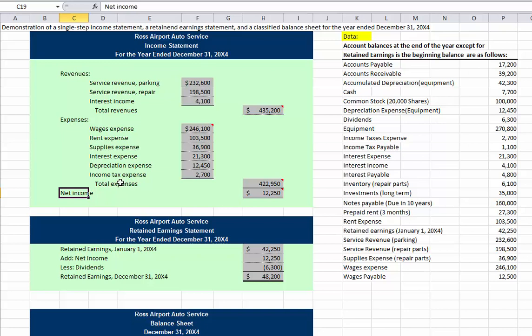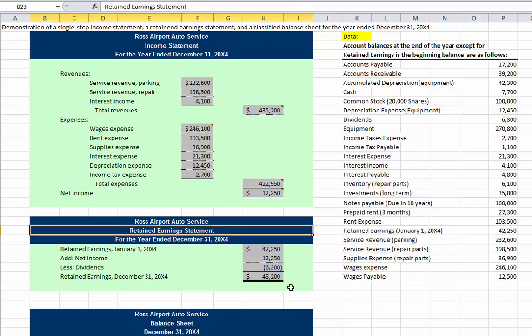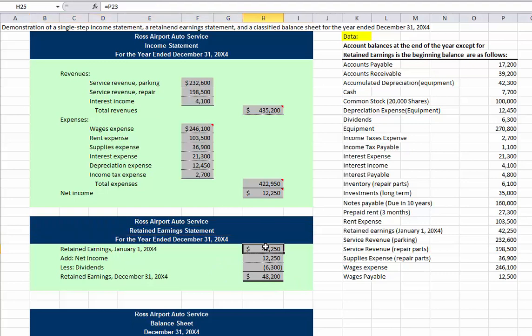After the income statements are prepared, we are ready for the retained earnings statement. Think about this title. The statement is explaining to the reader what earnings are still retained in the business. We should start with the beginning retained earnings. Then we need to add what was earned during the accounting period, our net income, and if there had been a net loss, we would have been subtracting it.